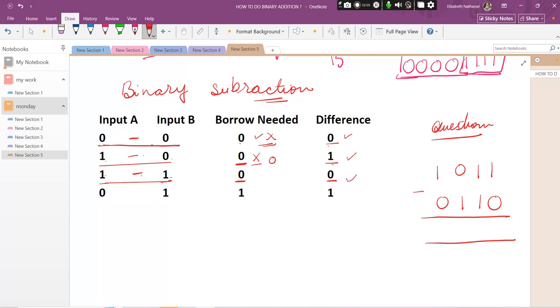Only here you have to keep in mind that if first 0 is there and 1 is there, then yes, we need a borrow.